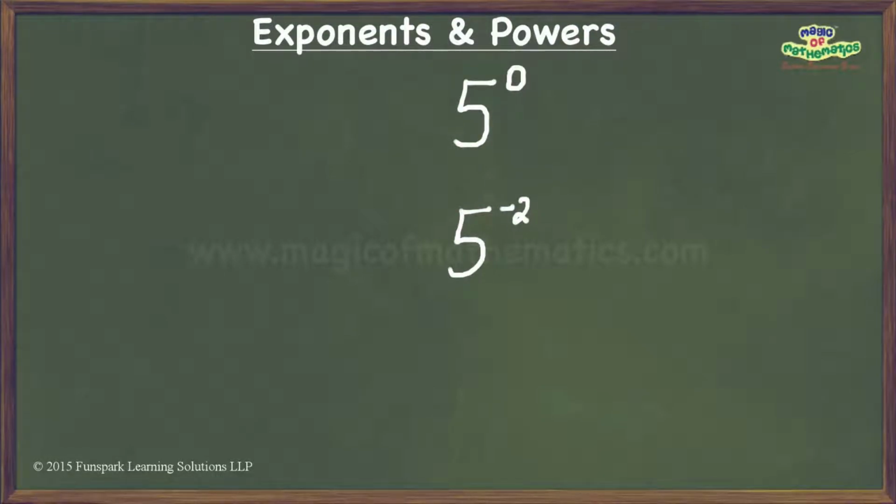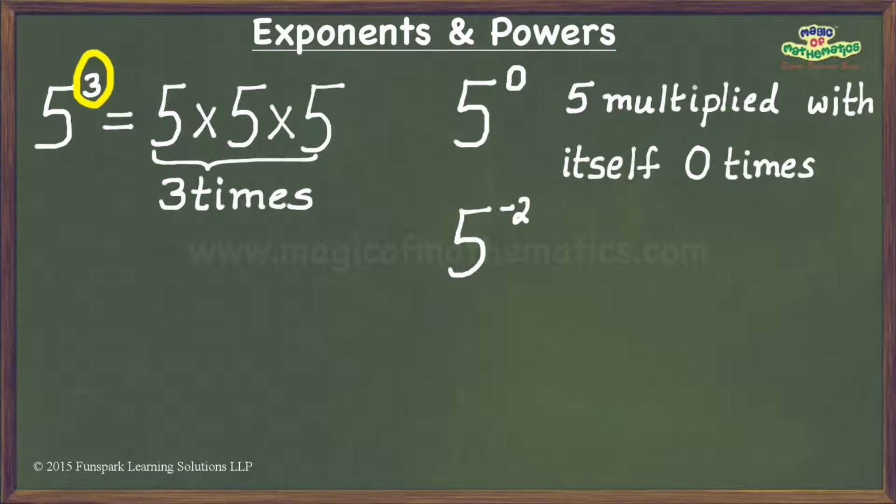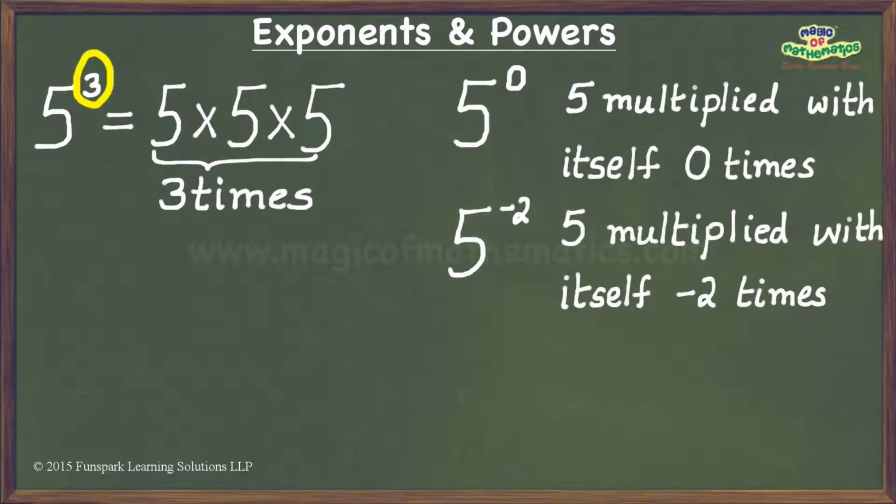From our knowledge of positive integer exponents, we know that 5 raised to a positive integer exponent, say 3, is 5 multiplied by itself that many times, in this case 3. If we try to apply a similar interpretation or meaning to our two examples, we don't get too far, as 5 multiplied with itself 0 times and 5 multiplied with itself negative 2 times don't make too much sense. Hence, it is clear that we will need to approach the task at hand differently.